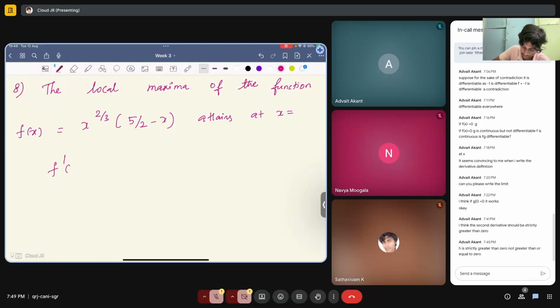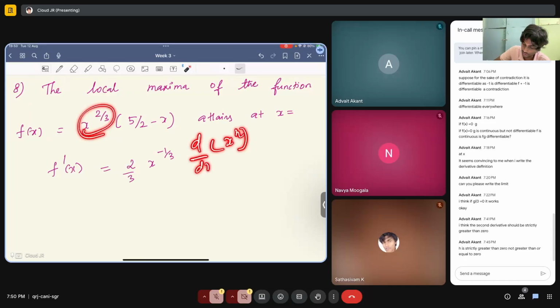Okay, so look at the f prime of x. Here you have to apply the product rule. So this is 2 by 3 x power 1 by 3. Here I am using the formula: derivative of x power n, d by dx of x power n, is n into x power n minus 1.